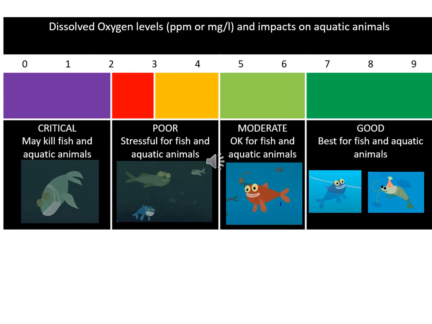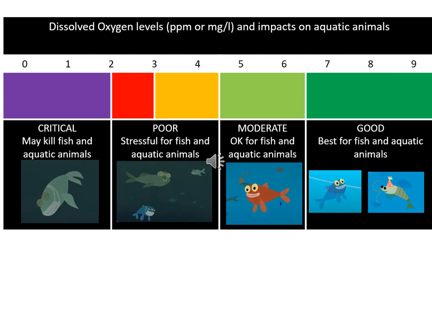As we look here at some other aspects of water pollution, let's talk about dissolved oxygen. Aquatic organisms need oxygen in the water. The fish do, and some aquatic animals. You're looking here at a scale of the amount of dissolved oxygen, in milligrams per liter or parts per million. When it gets low into the purple, it can kill fish and aquatic animals.